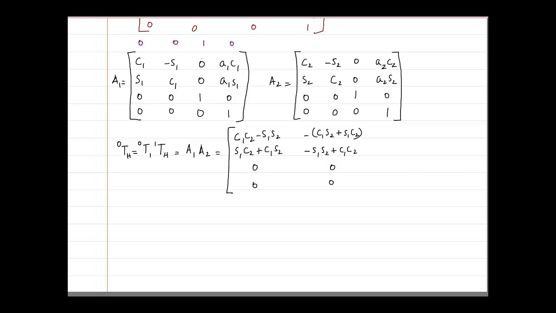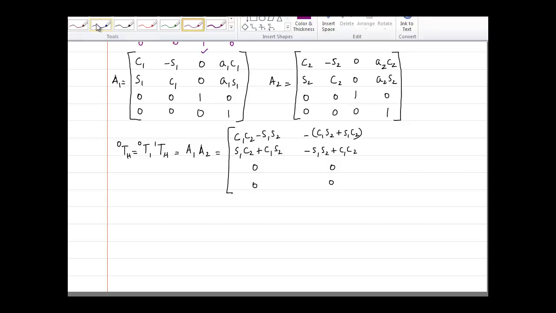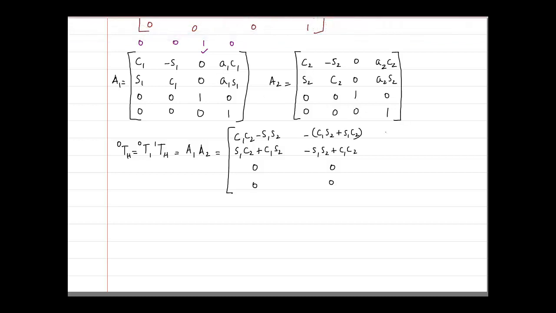So it's all multiplying with 0. Only this particular column is going to be picked up, so directly I can write, so 0 0 1 0.